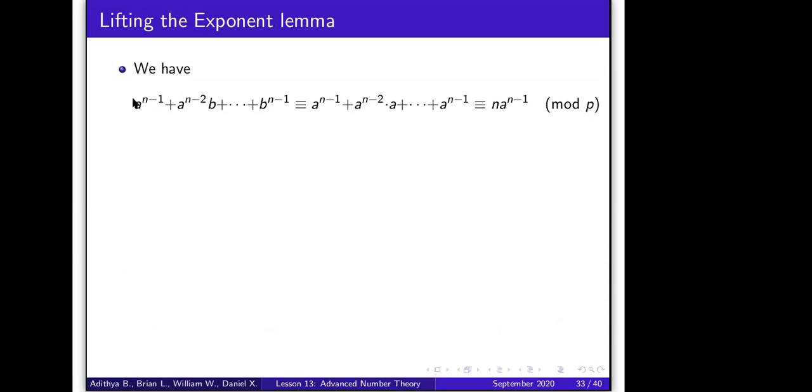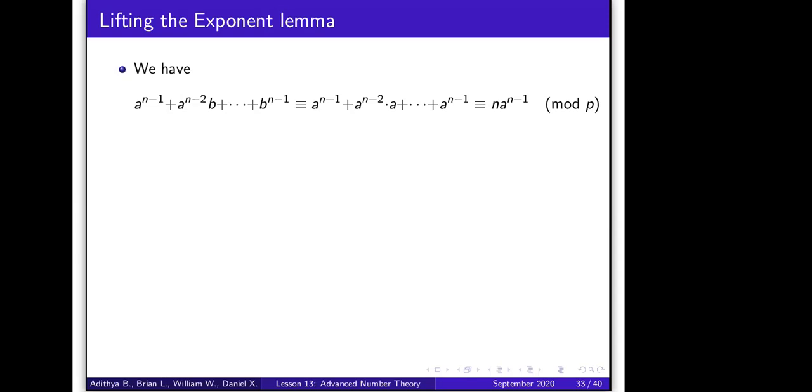So modulo p, we have this factorization. But since a is congruent to b, we can replace b with a everywhere. And when that happens, every term in the sum becomes a to the n minus 1. So it ends up being congruent to n times a to the n minus 1 modulo p.